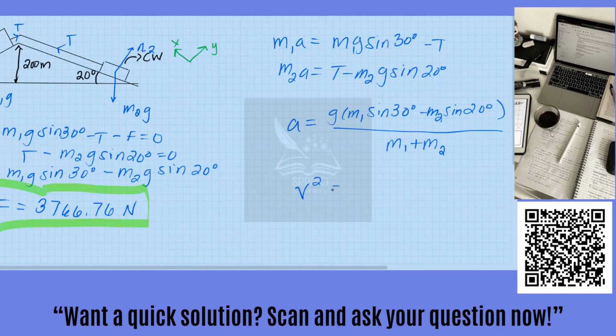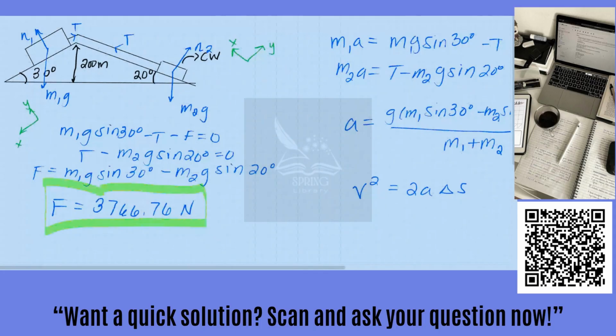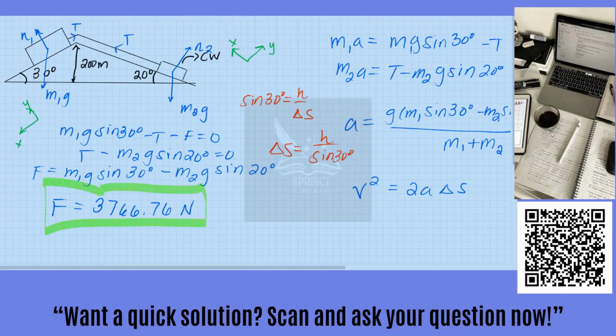So we have the velocity is 2a delta s, or in this case it's going to be h. So looking at our figure, we have that sine of 30 degrees is equal to h over L, or h over delta S. So delta S is equal to h over sine of 30 degrees.